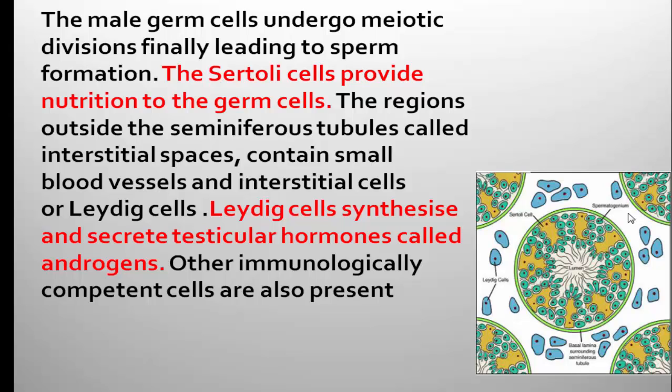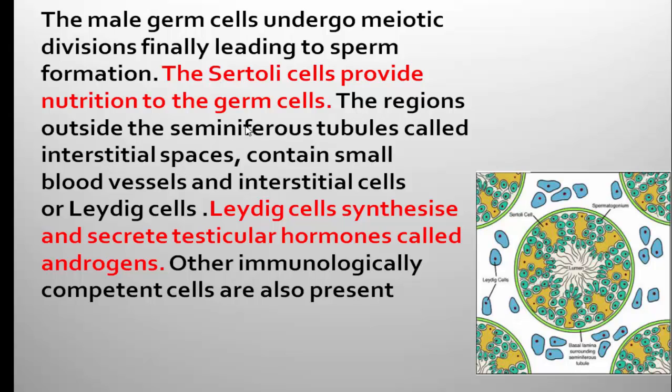Then what is the part outside the seminiferous tubule? In the image you can see the seminiferous tubules. In between the seminiferous tubules, whatever space is present inside the testis is called the interstitial space.